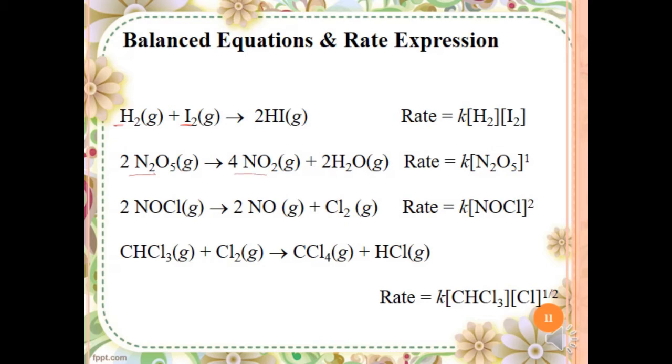Pentoxide here. Okay, so the order is 1. Okay, so you see stoichiometric value is 2. Okay, the third example, okay, the third one, nitrosyl chloride.